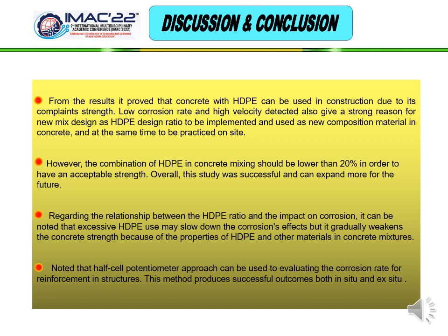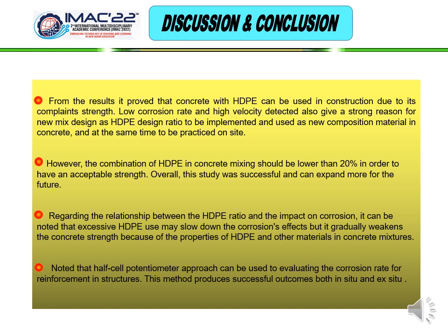However, the combination of HDPE in concrete mixing should be lower than 20% in order to have acceptable strength. Overall, this study was successful and can be expanded more in the future.